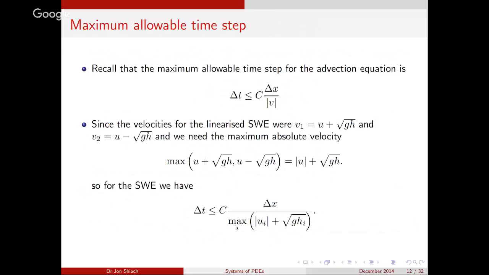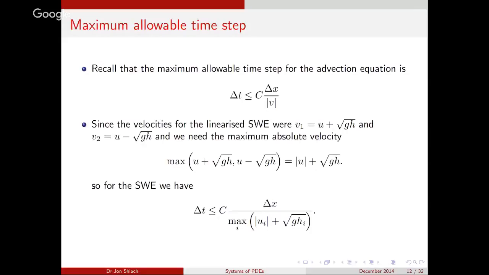Now, what we've got to make sure is that our scheme is stable for all nodes. So we have to take the worst possible scenario, and the worst possible scenario is the largest absolute velocity, whether it's positive or negative. So we've got to take the node with the fastest speed, and what we do is we take the absolute value of u plus root gh.